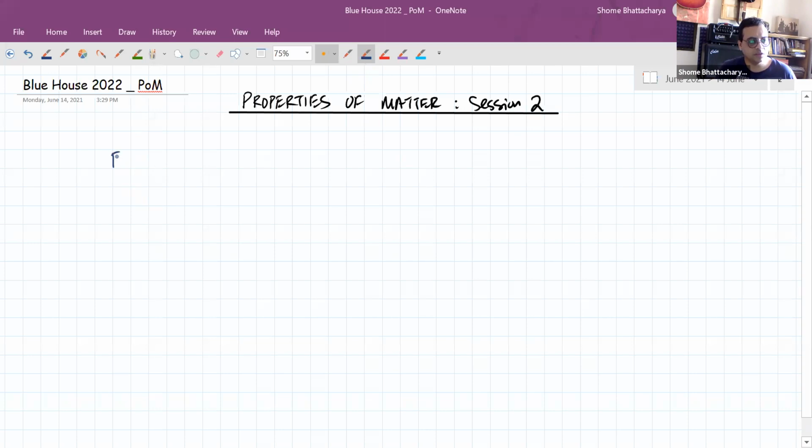Okay, so in elasticity, towards the end of the last lecture, we were looking at the application of Hooke's law in the case of longitudinal stress and strain.